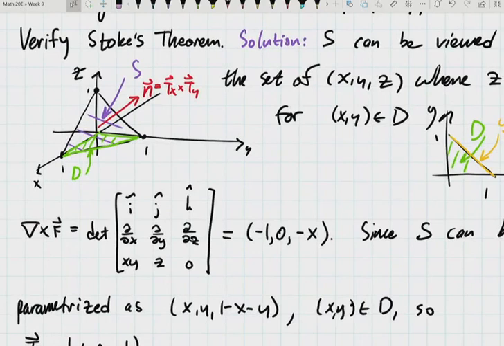S looks like a triangle. So what's the boundary of this triangle? S is the interior of the triangle. The boundary are the three edges.